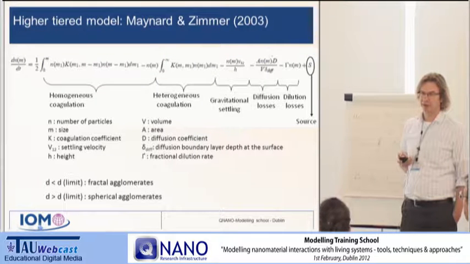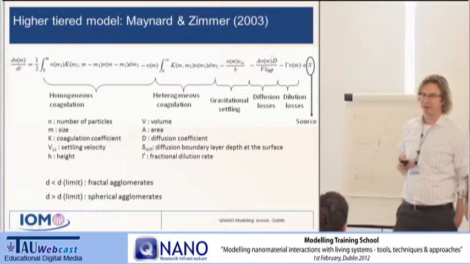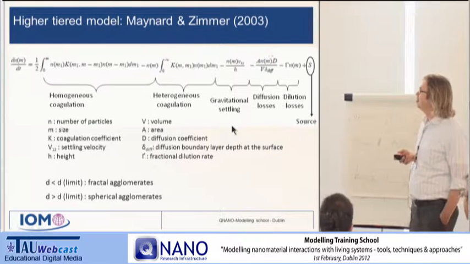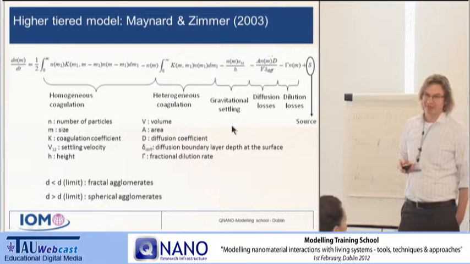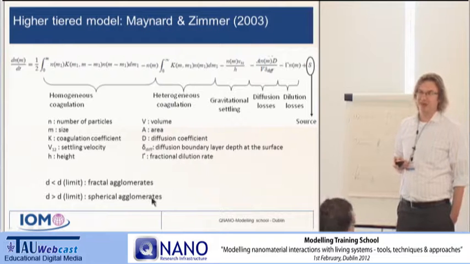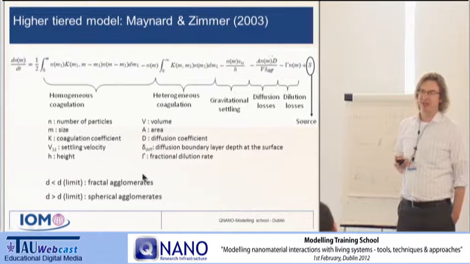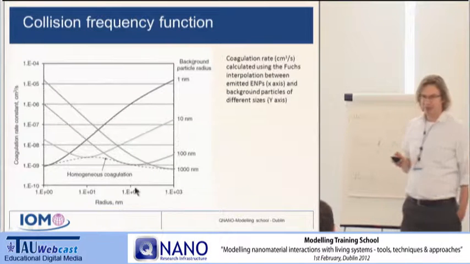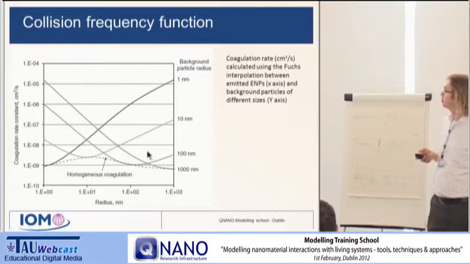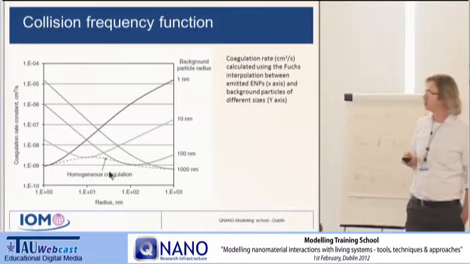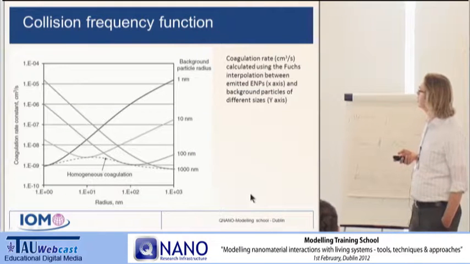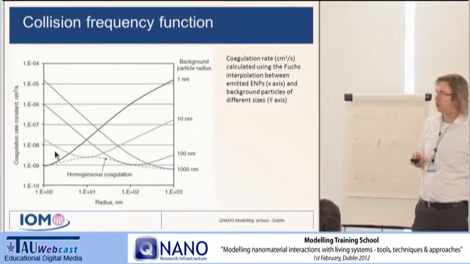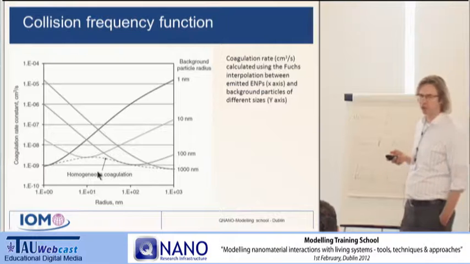Where do you find the information about the coefficients, the coagulation coefficients? I think there is data or models available that allow you to estimate this. I think this is from a paper by Snyder, which graphed this. It's a bit of a complex graph.